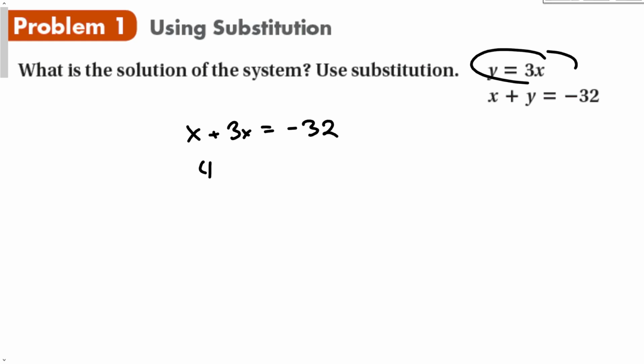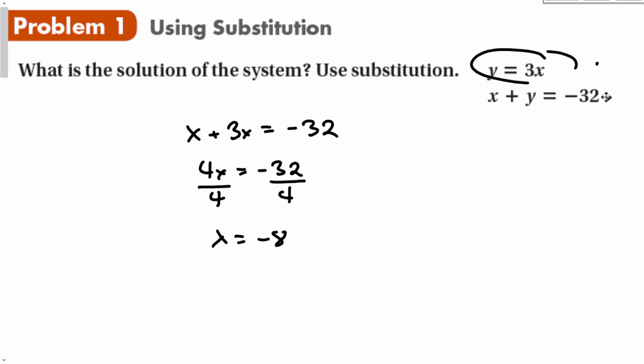3x and x gives me 4x is equal to negative 32. Divide out the 4, and we get that x is equal to negative 8. Now, of course, we're not done yet, because remember what we're looking for: the place where these two lines intersect, and the place where two lines intersect is a point.